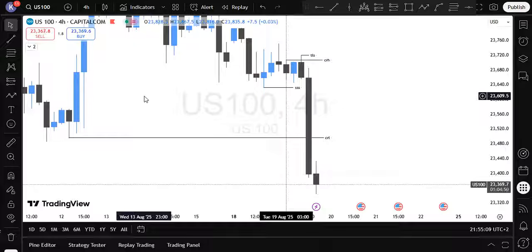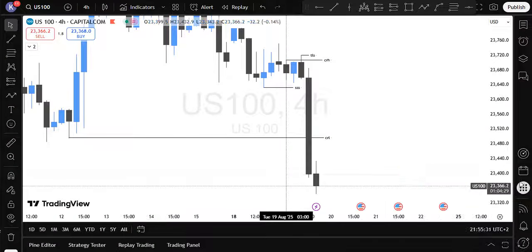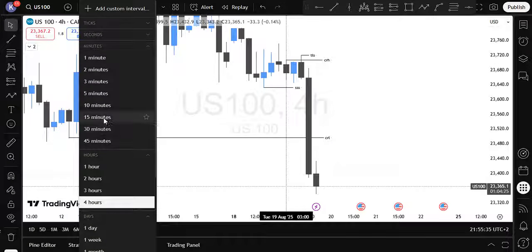We can only enter the market if it gives us a pullback at our supply zone or our fair value gap. You need to see which one the market gave you, or which one the market is respecting between a fair value gap or a supply zone.